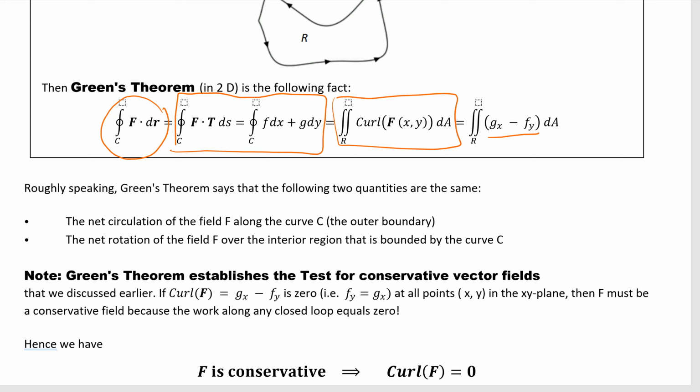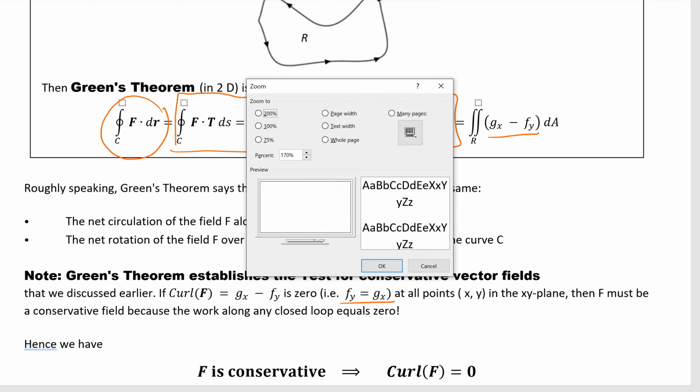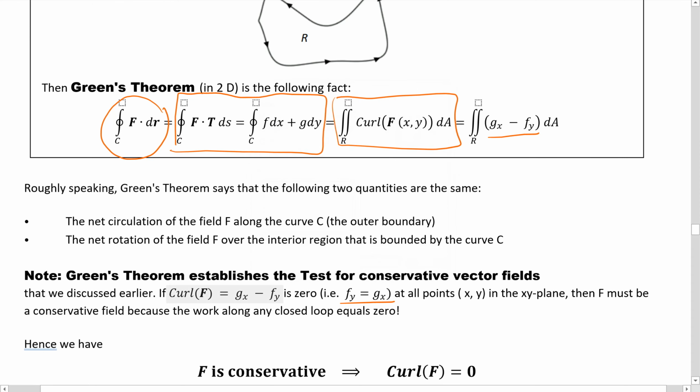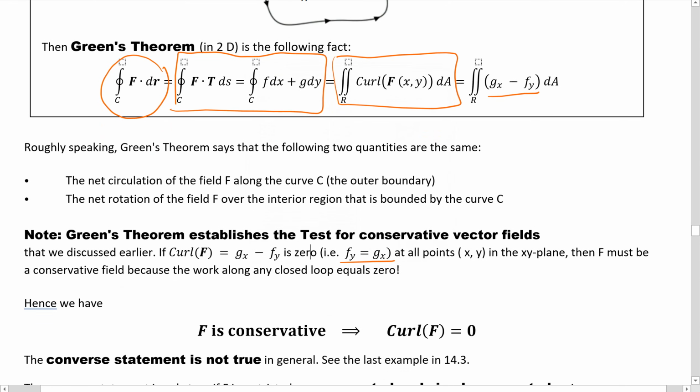Okay. So note that Green's theorem established the test for conservative vector fields that we discussed earlier. Remember, for conservative vector fields, we require f_y equals g_x. If that is happening, then the curl g_x minus f_y will be 0. Because now the curl is 0, for any loop, you see this symbol?